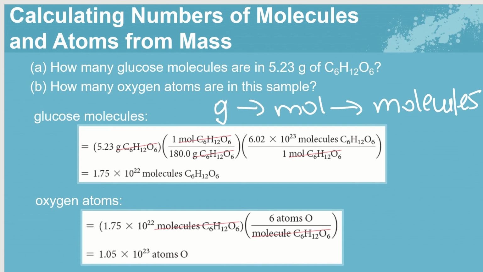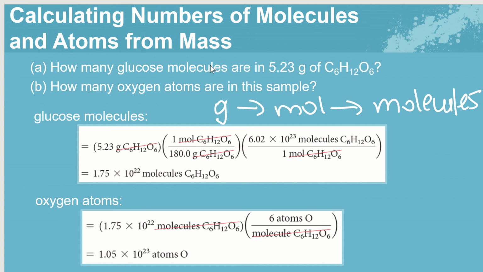All right, so at this point we want to talk about calculating numbers of molecules and atoms from mass. As usual, we have a question to help us learn how to do this. For part A, it says, how many glucose molecules are in 5.23 grams of C6H12O6?